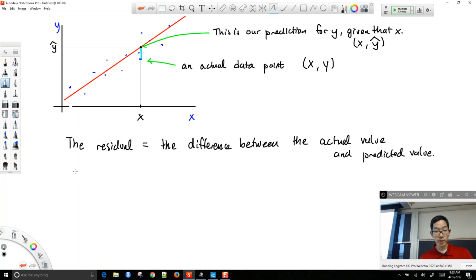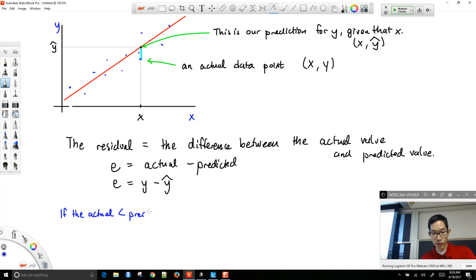The symbol for residual is E, which is equal to actual minus predicted, or we will say E is equal to Y minus Y hat. In this case, the actual is below the prediction line, so it has a negative residual. If the actual is less than the predicted, the residual is negative, and vice versa.